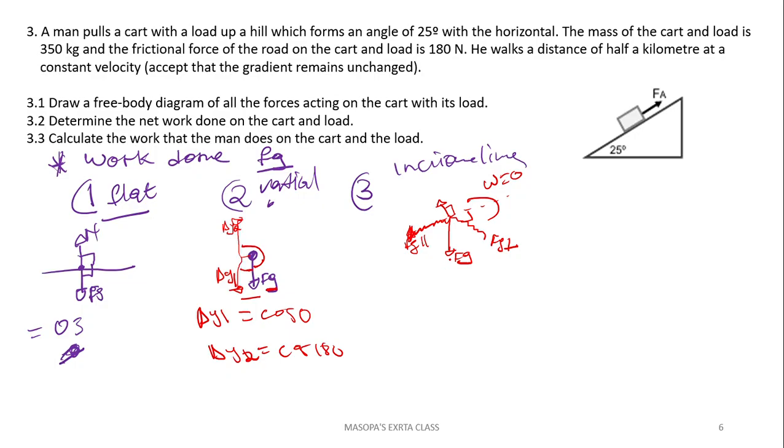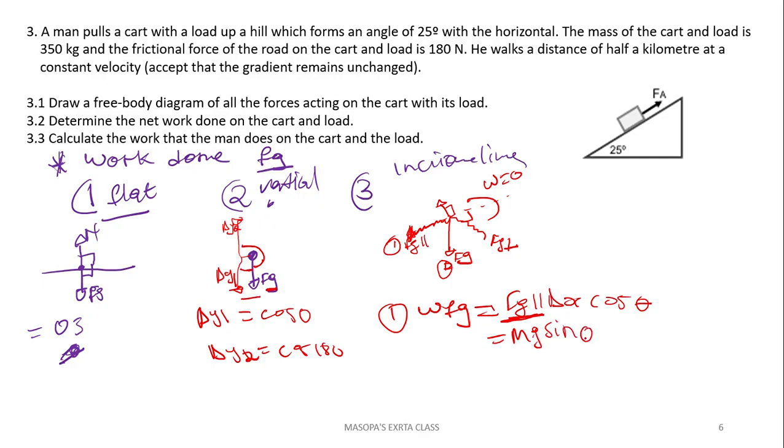Then to calculate the work done by Fg, you can either use Fg parallel or Fg itself. Let's quickly focus on Fg parallel. The work done by Fg parallel equals Fg parallel delta x cos theta, and remember that Fg parallel has the mass, gravity, and the sine of theta.